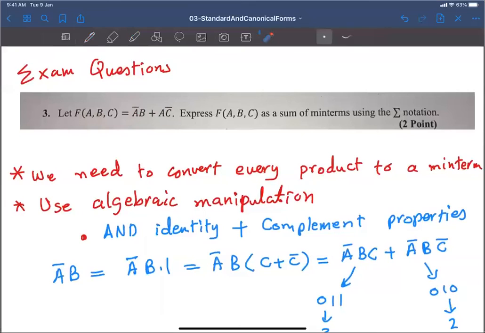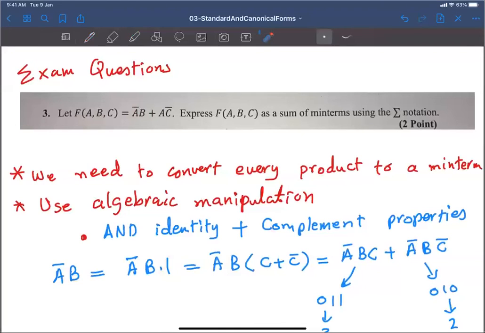So we need to convert every product to a minterm, okay? We can use algebraic manipulation for this, and the way to do this is to employ the AND identity plus the complement property. Now A complement B can be equal to A complement B ANDed with 1, and this one can be replaced with C or C complement, okay?